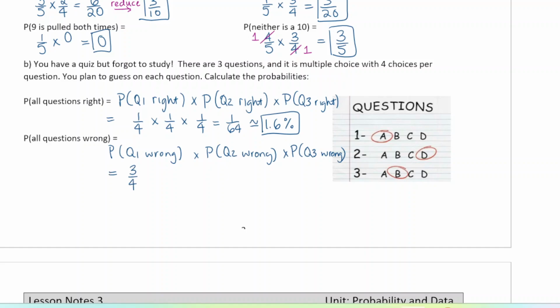There's 3 wrong answers out of 4 that we could choose. And then 3 out of 4, and then 3 out of 4. So it's 27 out of 64, which is about 42%. So almost 50% chance you're going to get everything wrong on the quiz if you guess on all 3 questions. Okay, and that is the end of the lesson.